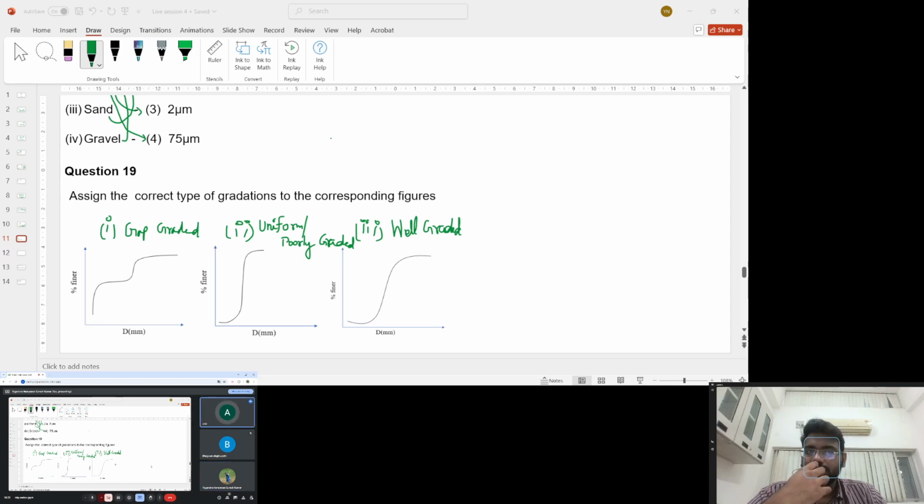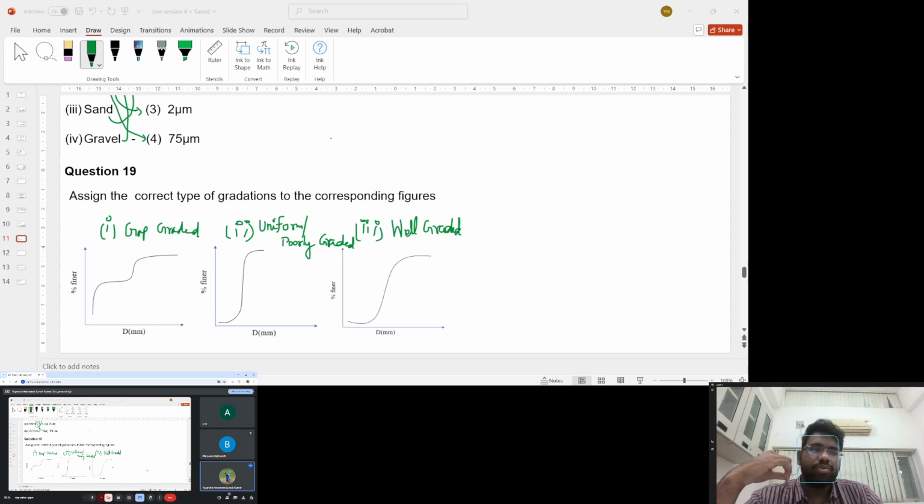And the third graph is showing a little bit more, two flat portions. That is normally a characteristic of gap graded soil. It should not have that much linear flat portion. The notion is to depict a clear S graph, right?